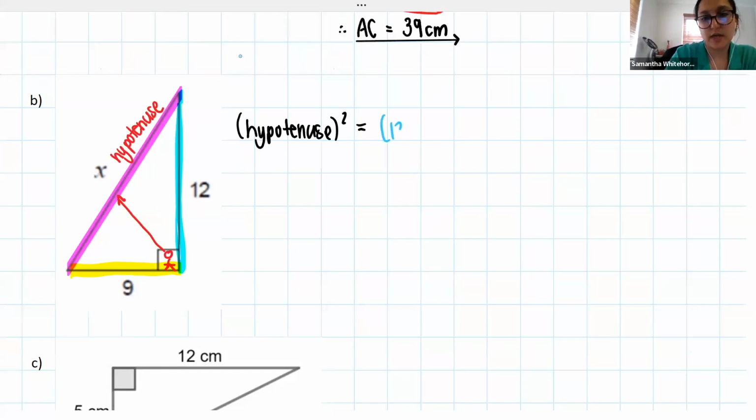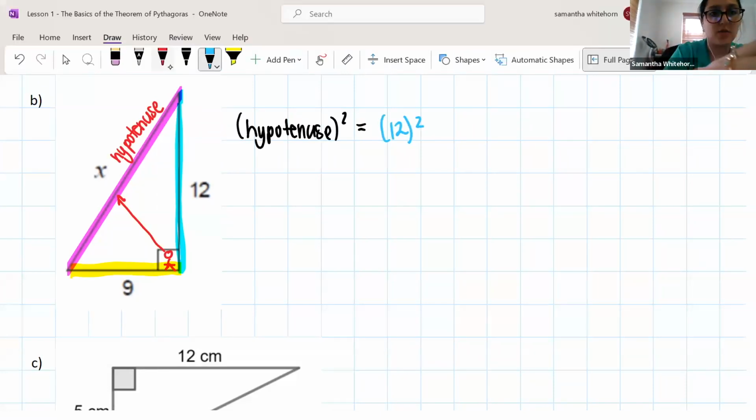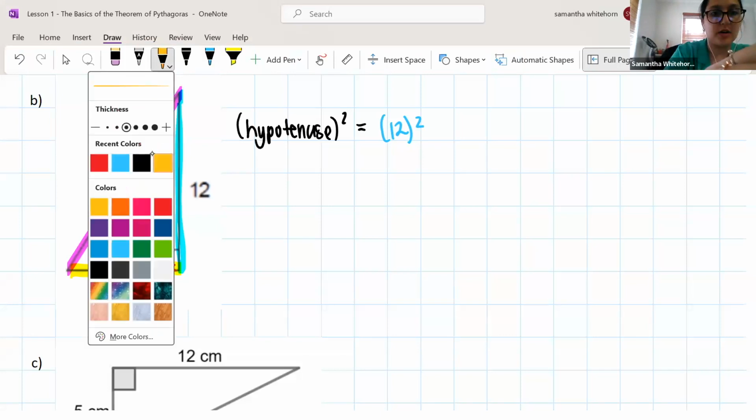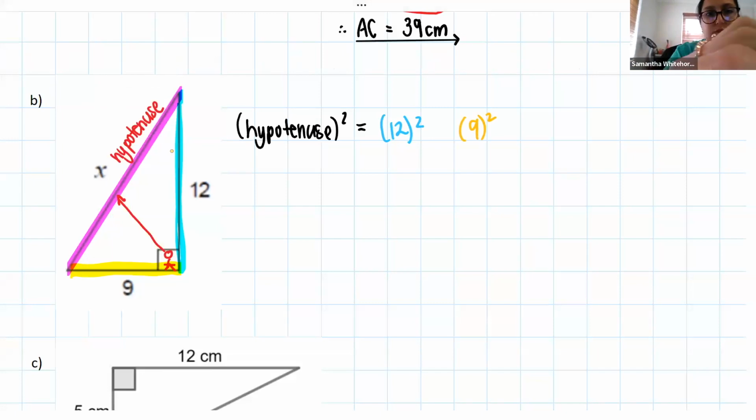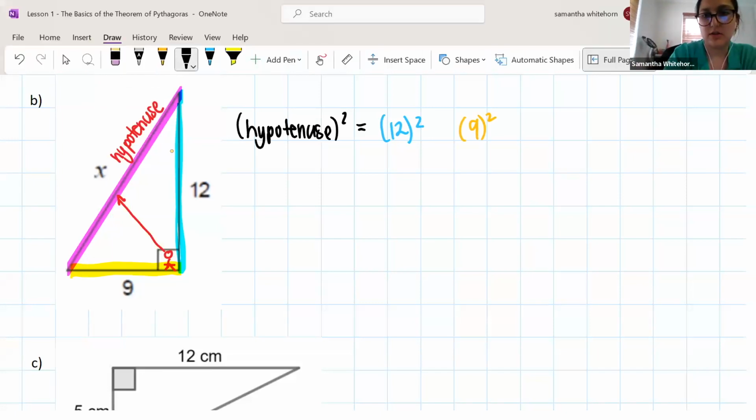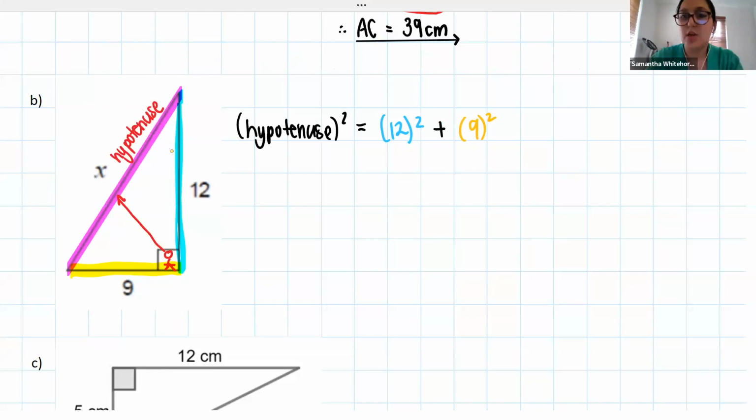We've got 12 squared and we have got 9 squared. And those are being added together. Remember, we put Pythagoras as our reason, just Pythag, no need to do any more than that. And we can now solve.